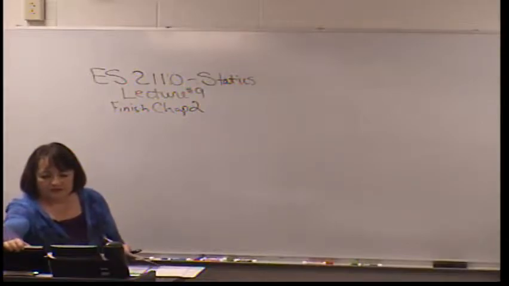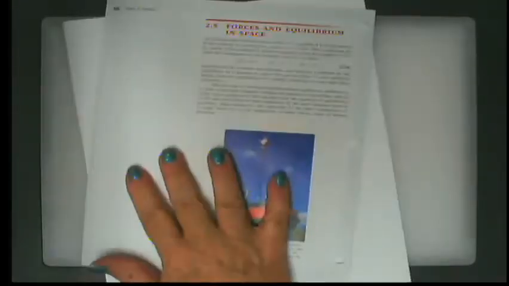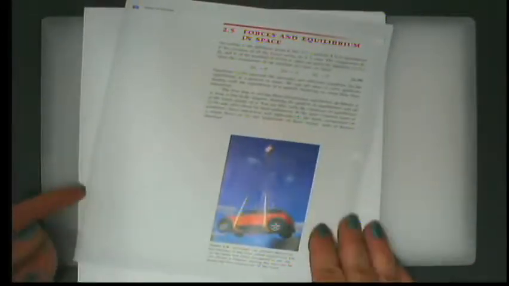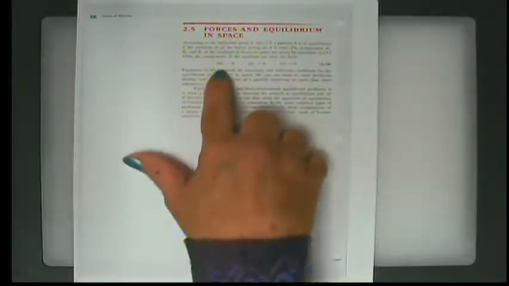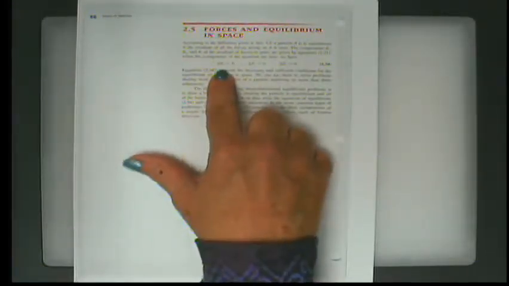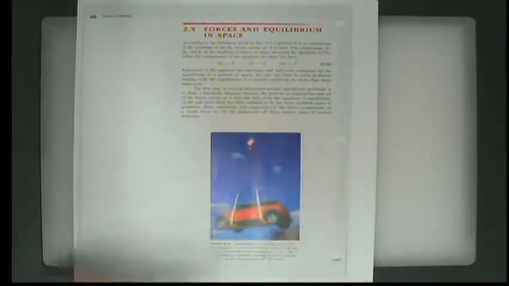If we take a look at section 2.5 in the textbook, this is the entirety of section 2.5. All it tells you is that, just like in two dimensions, if you have something that is in static equilibrium or sitting still, the summation of forces in the x direction has to equal 0 and the summation of forces in the y direction has to equal 0.